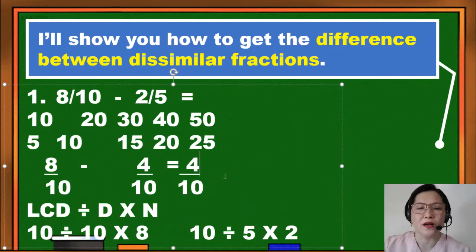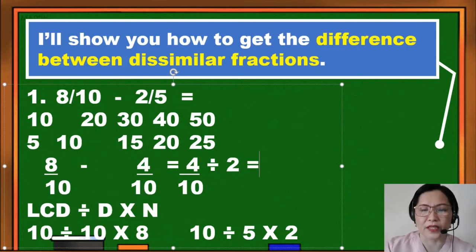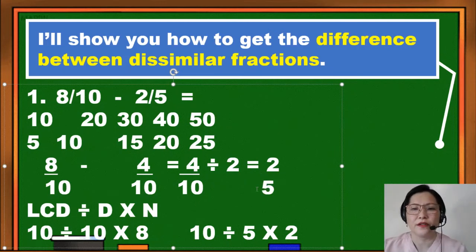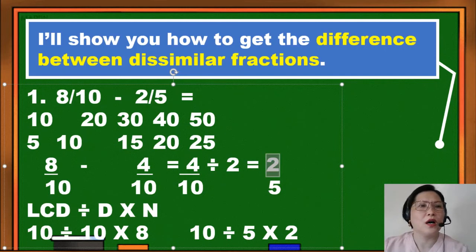So from there, what is the GCF? Yes, the GCF is 2. So we're going to divide 4 tenths by 2. 4 divided by 2 equals 2, and 10 divided by 2 equals 5. So, our answer is 2/5.